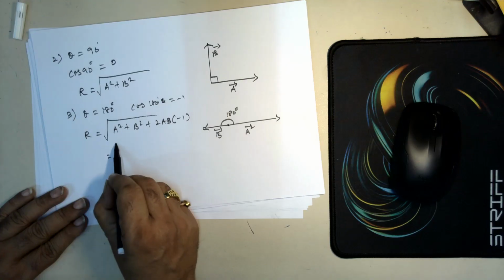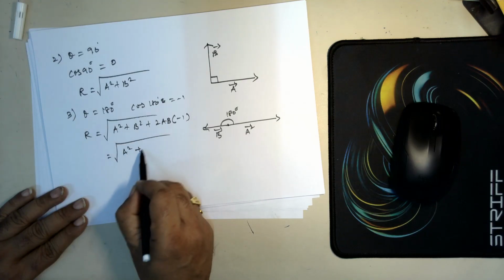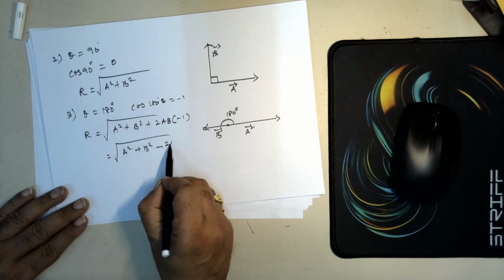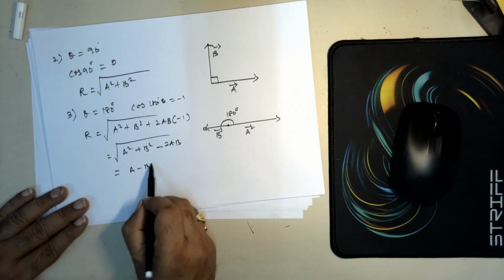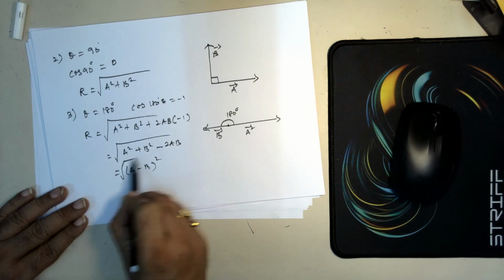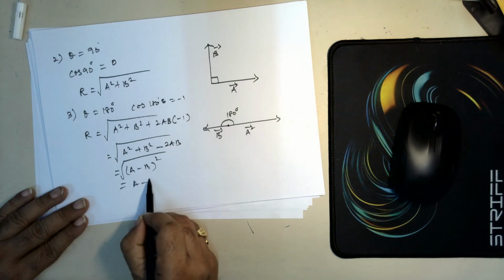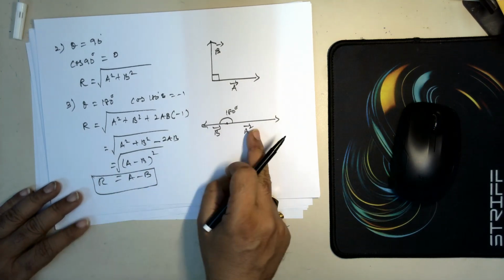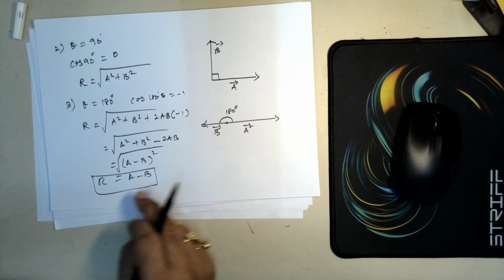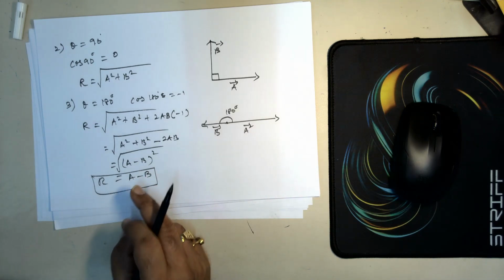So a squared plus b squared minus 2ab, right? So it means that is (a minus b) whole squared under the square root. Therefore, R is equal to a minus b. And that is why the relative velocity will be what? A minus b. Do you understand this?